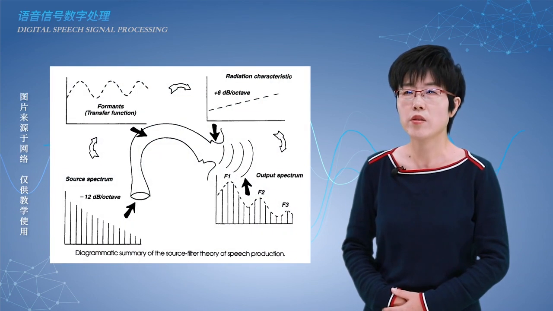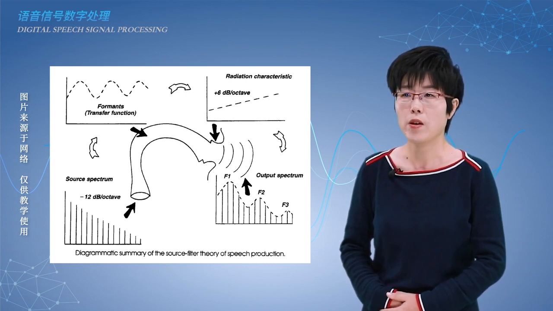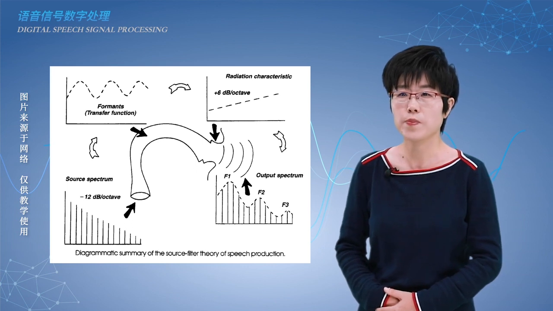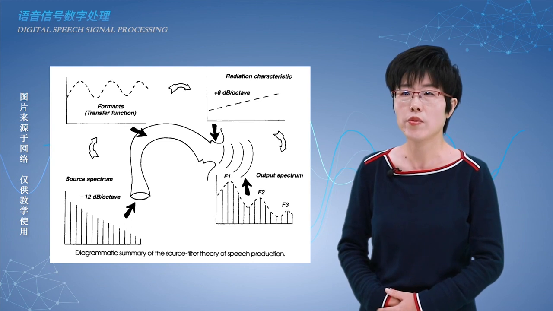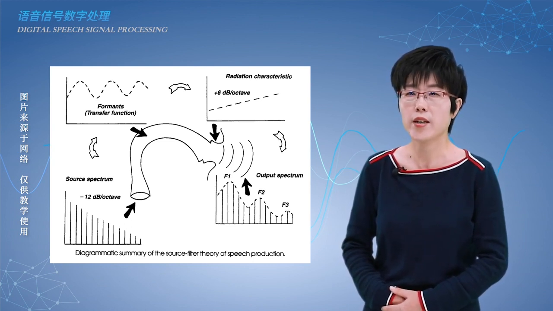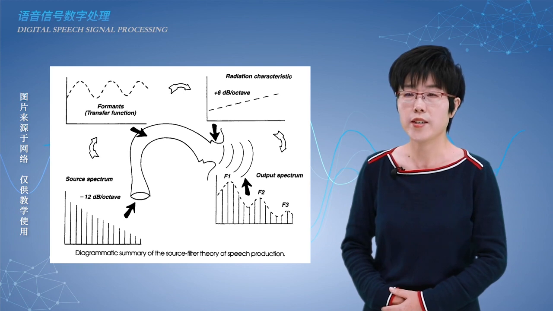We have a diagrammatic summary of the source filter theory of speech production. The source filter theory states that vocal signals result from a 3-stage production, with the source, generally the glottal wave for voiced speech, being subsequently filtered by the vocal tract function plus the radiation characteristic.